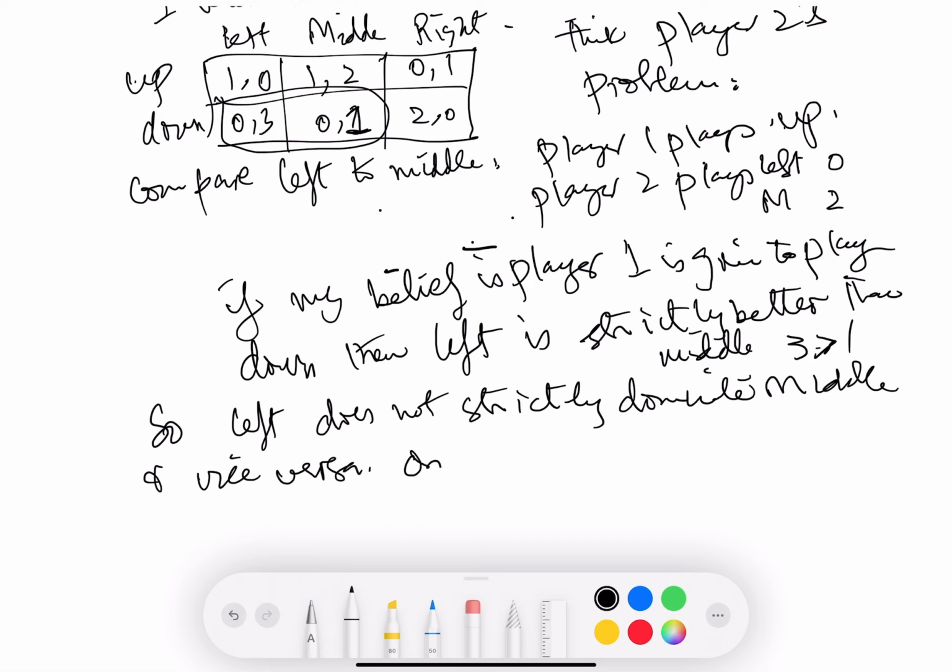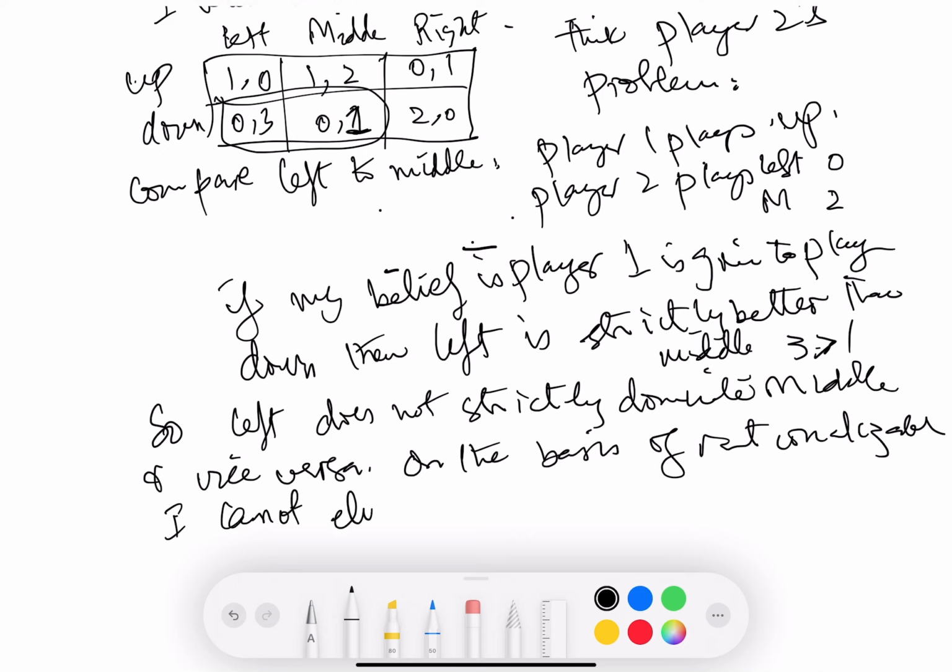So on the basis of rationalizability, I cannot eliminate either one. Okay? So not good.